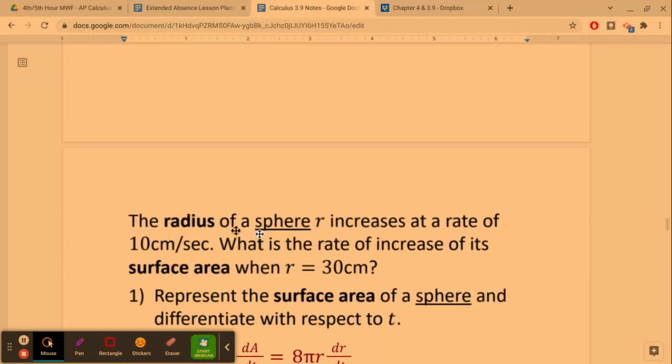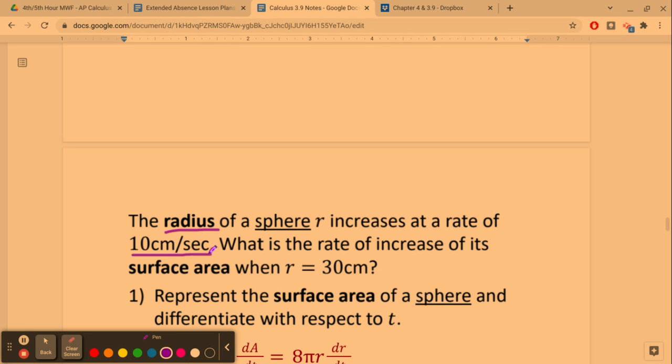The radius of a sphere, r, increases at a rate of 10 centimeters per second. What is the rate of increase of its surface area when r equals 30 centimeters? So now we're dealing with a sphere. We have a rate of increase of the radius r: it increases at a rate of 10 centimeters a second.